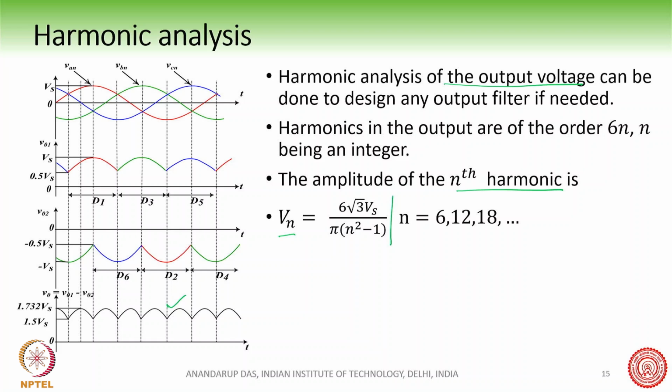It shows that the harmonics in the output are of the order of 6n: the 6th, 12th, 18th harmonics. So with 50 hertz fundamental, you have 300 hertz, then 600 hertz, like that. These harmonics will all be present in the output voltage waveform, and if you want to suppress them, you have to design a filter, and the harmonic content of the output voltage is important.